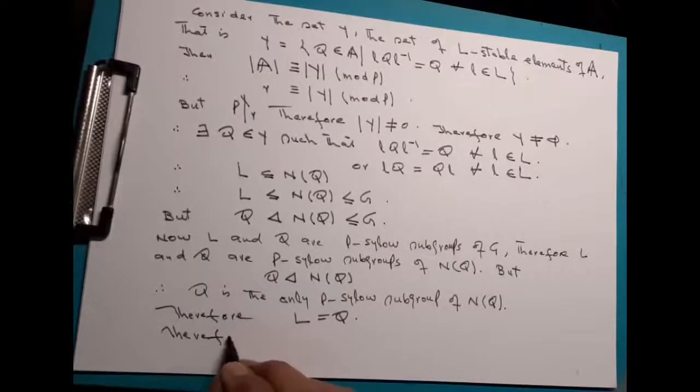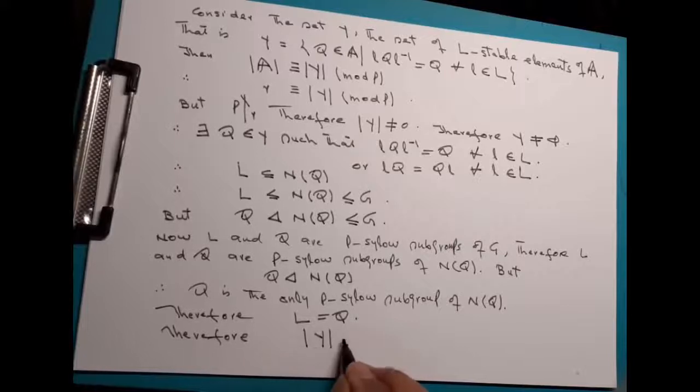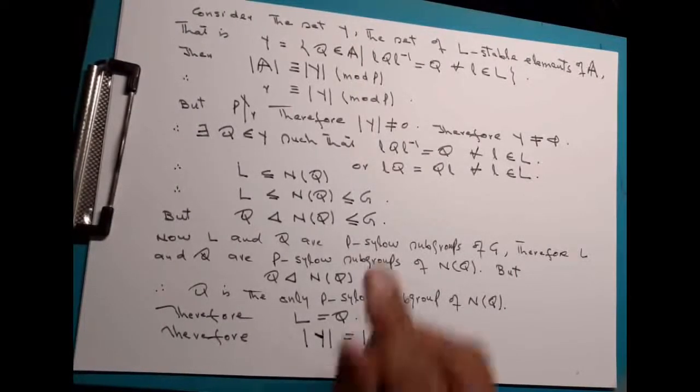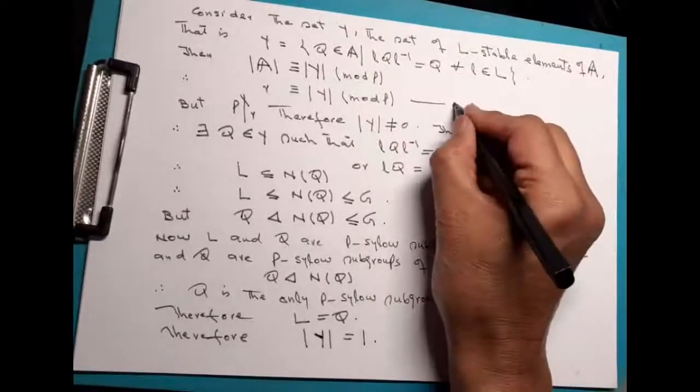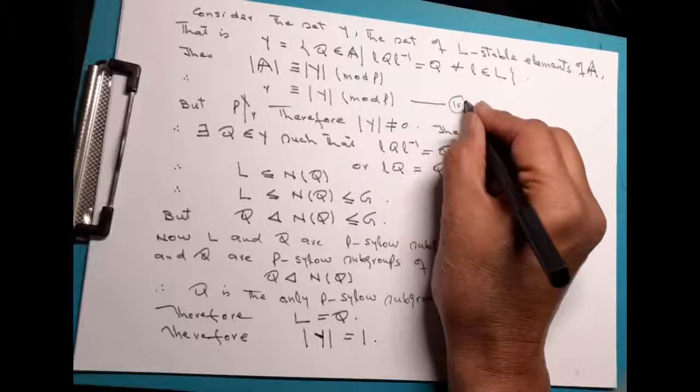Now note that since L is equal to Q, the number of elements in Y is equal to 1 because there is only one p-Sylow subgroup. Put this in, let's say, in 4.